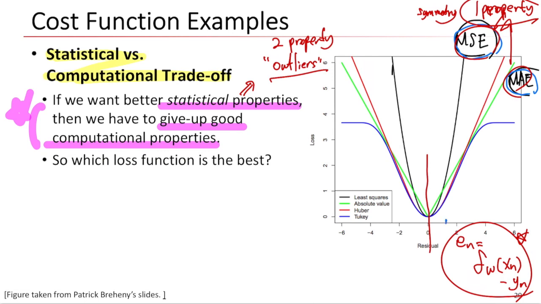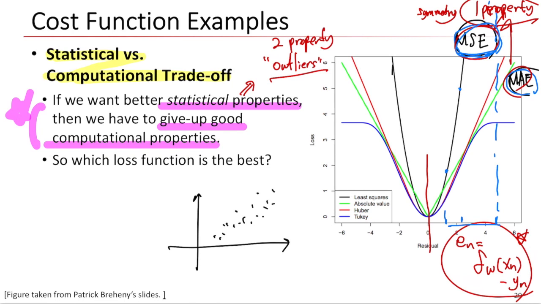If we just think about this residual and this residual and this residual, the loss values of MSE each look like this, maybe somewhere, right? So as the errors increase, the MSE cost function is getting bigger and bigger.